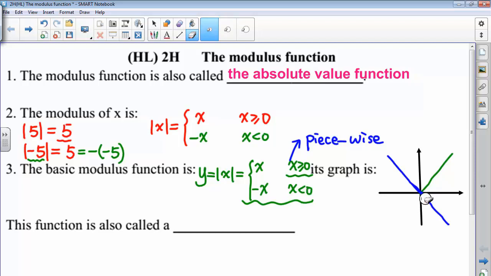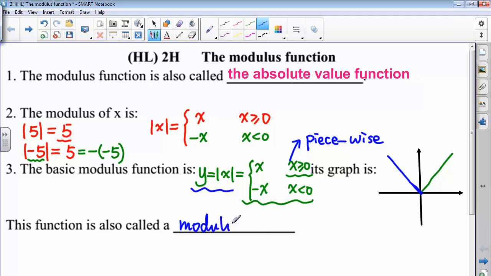So I erase this part. This V shape is the graph for this modulus function. Of course, this function is also called a modulus function, and it looks like a V shape.